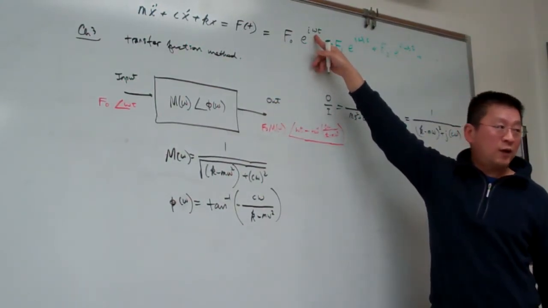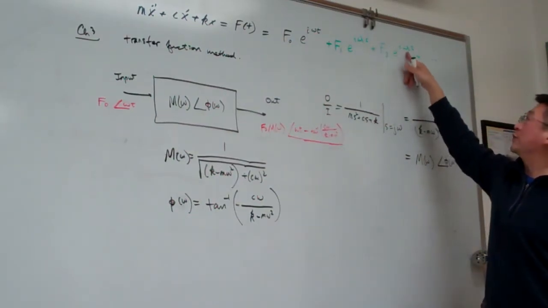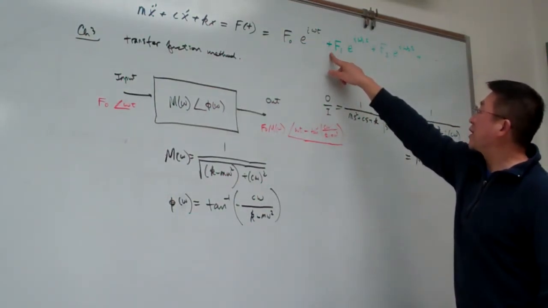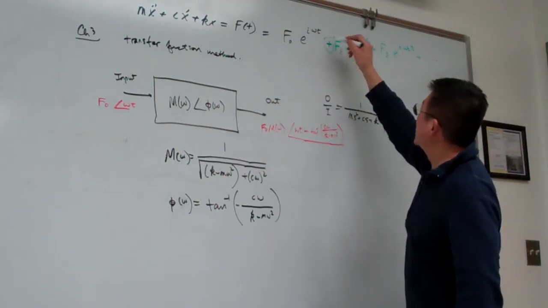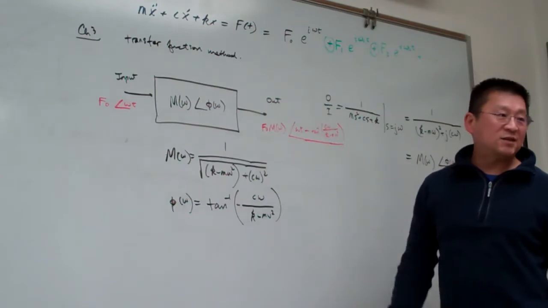For example, this is omega, you can imagine this is 2 omega, 3 omega, etc. So here we have a combination of different loadings because this is a linear system.